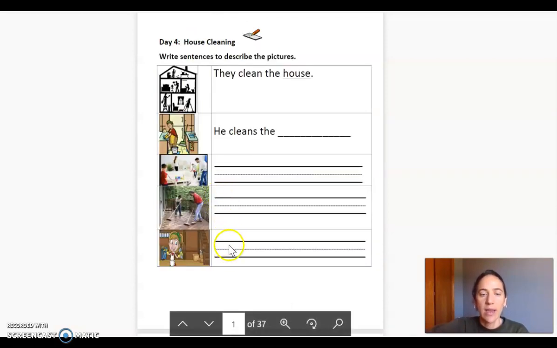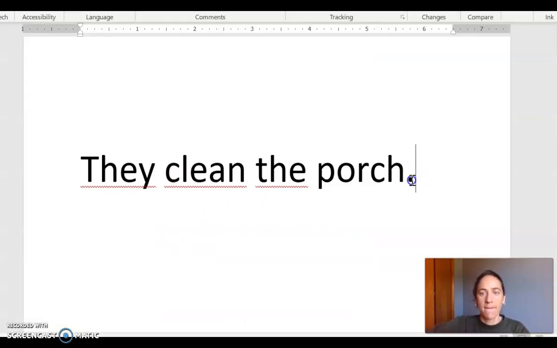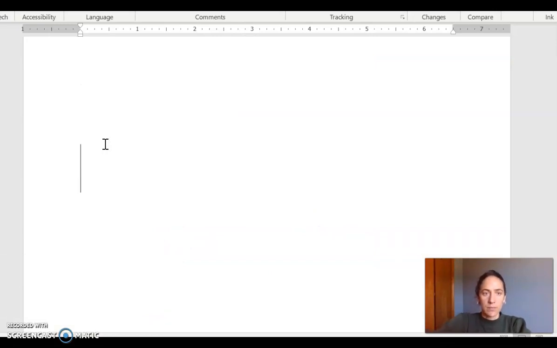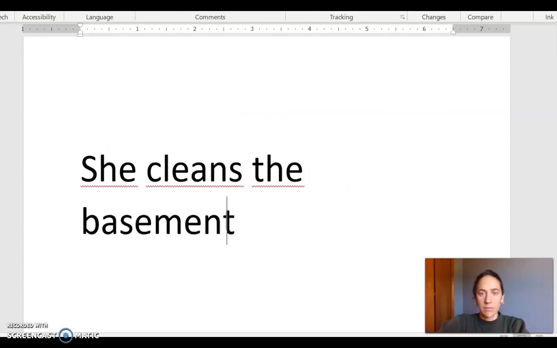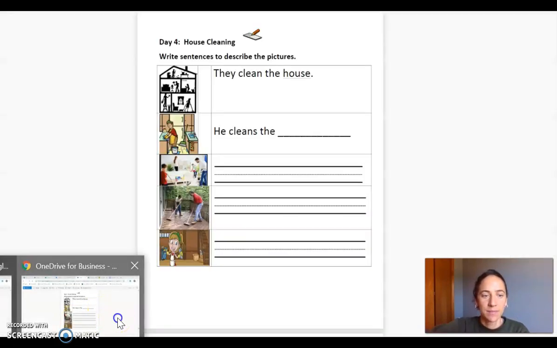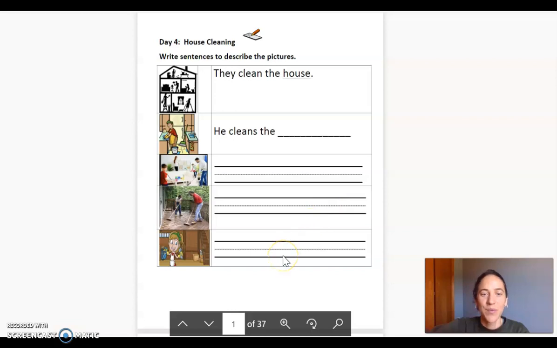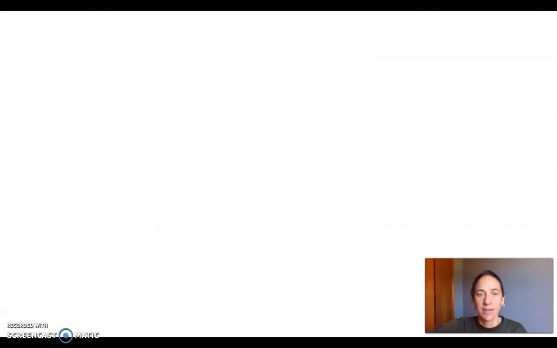So I can write, she cleans the basement, like this. She cleans the basement. Please write that on your paper or say it out loud. Great job. We have one more page left.